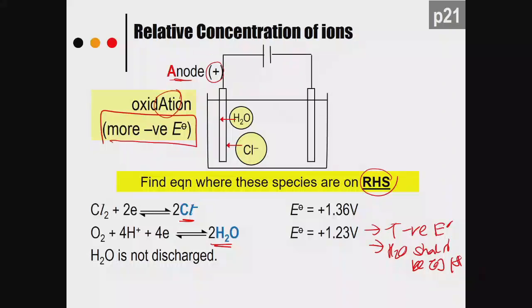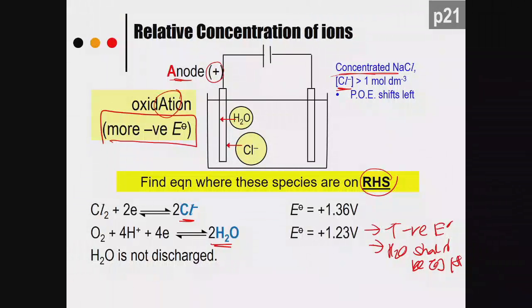Because other than the E0 value, I will need to consider the concentration, because now they are using concentrated NaCl. Concentrated NaCl means that your concentration of Cl- is very high.